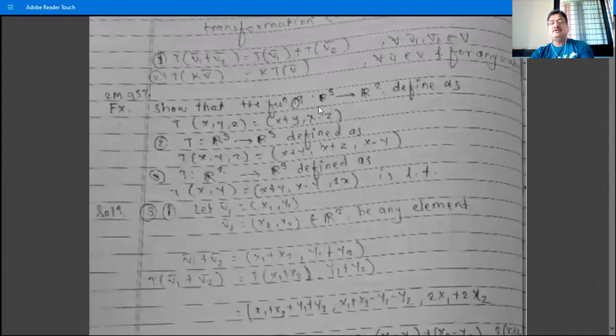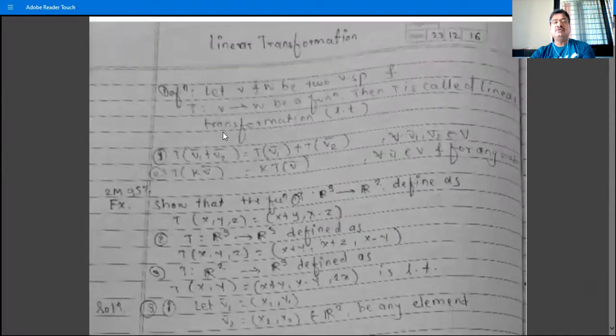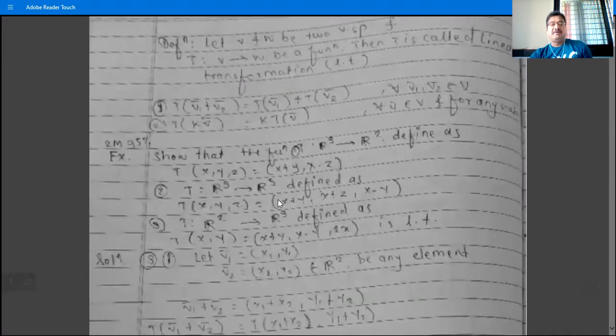Okay, so show that the function T from R3 to R2 is defined as follows. The notation for a linear transformation is generally capital T, capital F, capital L, M, or small f, small g. So show that this function T from R3 to R2, which are two vector spaces, defined as T(x,y,z) equal to (x plus y, x minus z).